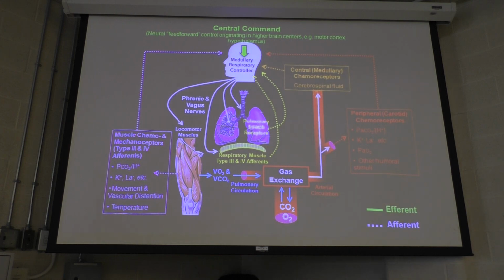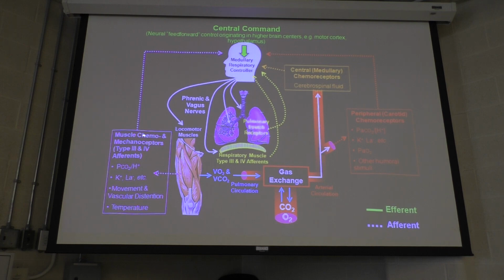So we do have this central command mechanism, a neural feed forward control originating in higher brain centers like the motor cortex and the hypothalamus. This will send information through the phrenic and the vagus nerves to activate the lungs and the respiratory muscles. And we also have a series of afferent, or feedback, responses that can contribute to the control of ventilation.